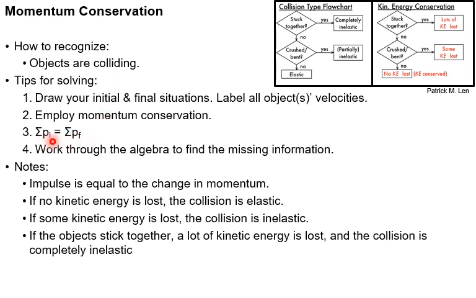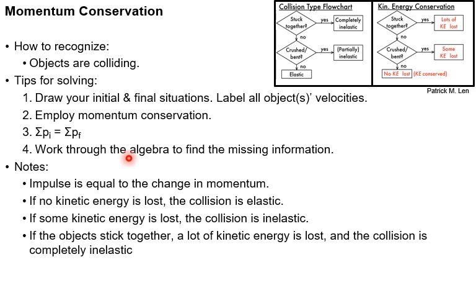So the sum of the initial momenta is equal to the sum of the final momenta. This is a vector, so we're really saying the sum of the horizontal components of momentum in the initial situation is equal to the sum of the horizontal components of momentum in your final situation, and then you're just working through algebra to find that missing information.